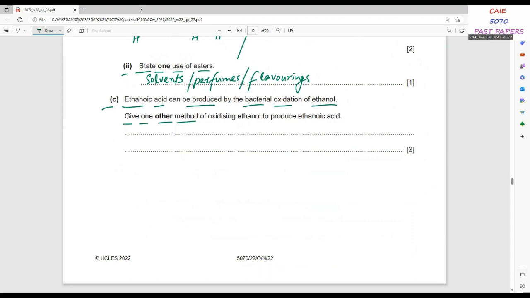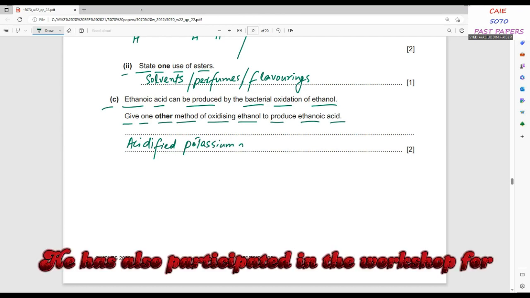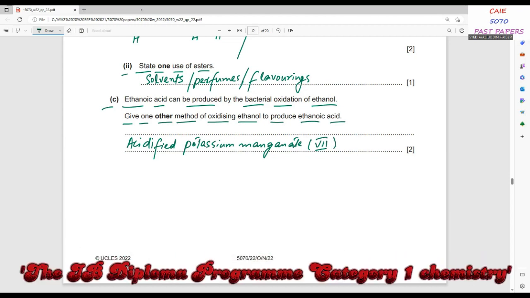Give one other method of oxidizing ethanol to produce ethanoic acid. You can have acidified potassium manganate(VII). For potassium manganate, you'll write 7 here. You can write KMnO4.